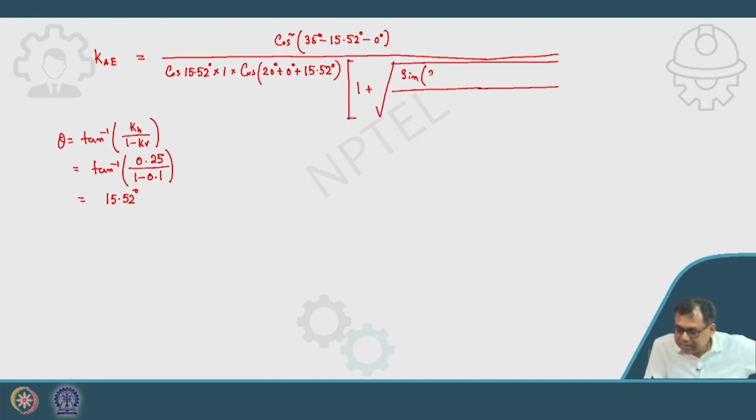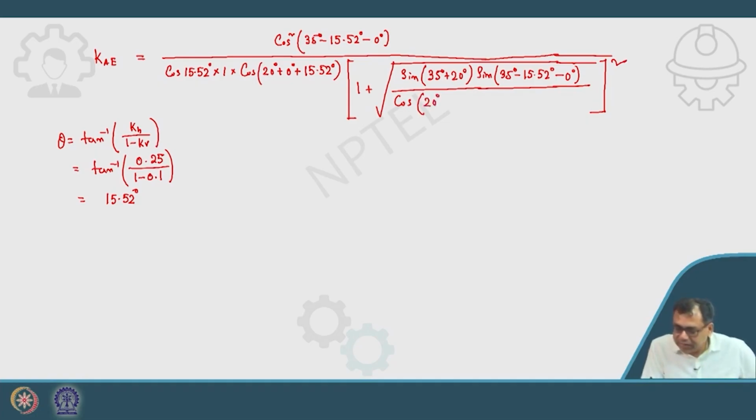So again phi is 35 degree plus delta is 20 degree, again sine of phi 35 degree minus theta 15.52 degree minus i, which is 0 degree. Then cos of delta plus beta plus theta.